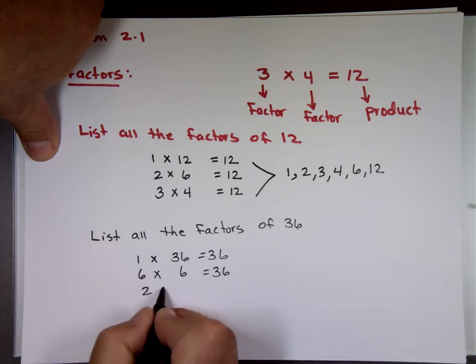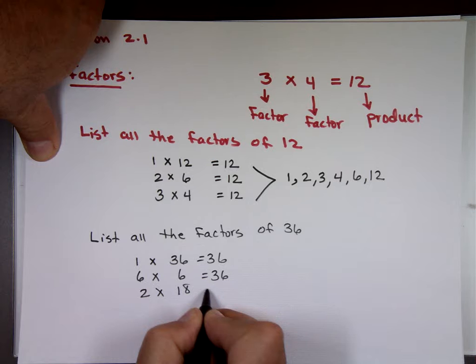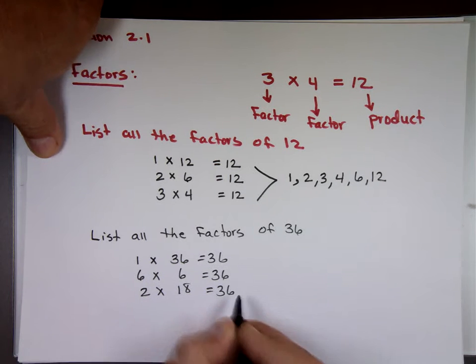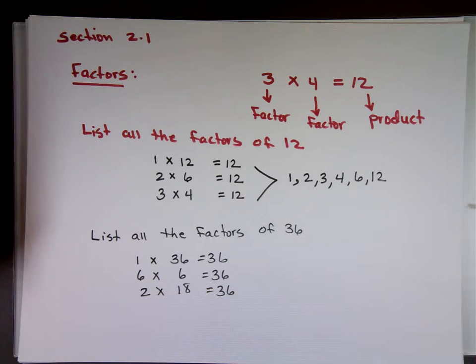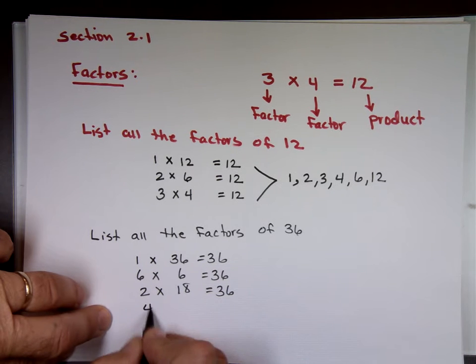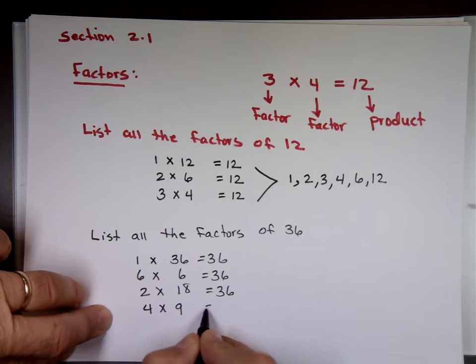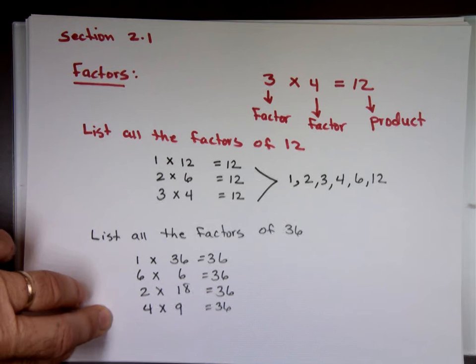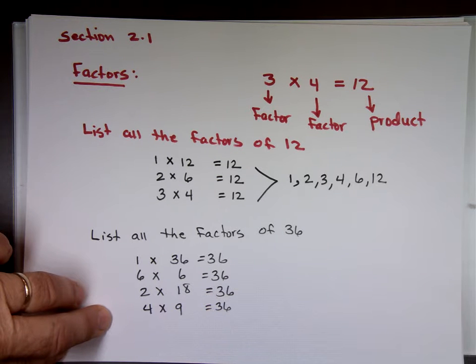2 times 18 is 36. Good. What else? There's more. 4 times 9. Good. Is 36. One more. 3 times what?